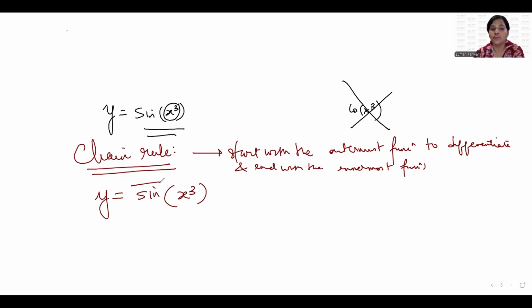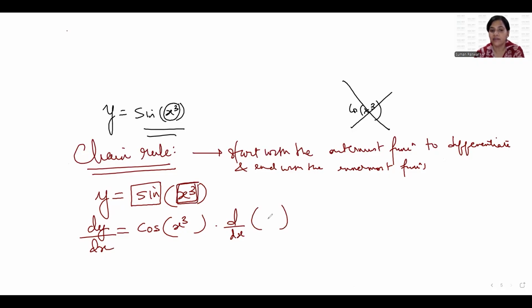Here the outermost function is sine. So what will you do? dy by dx: what is the derivative of sine? Cos. And please do not touch whatever is inside, write it as it is. Now multiply it with the derivative of whatever is remaining. The remaining is x cube. So that is going to be cos x cube into 3x square.